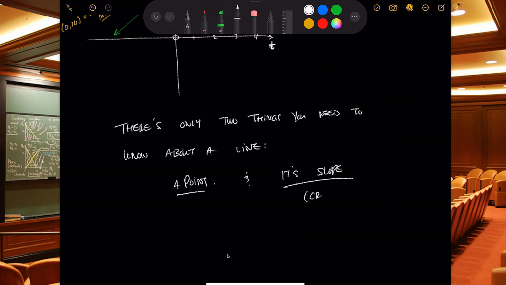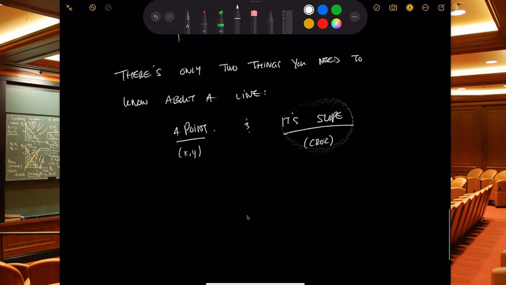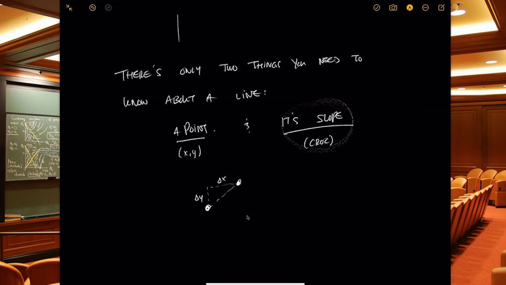Remember, that's the constant rate of change. And this is any point x, y. It could be the vertical intercept, or it could be any other point, because as long as you have the slope, you can take a point and then use the slope delta y over delta x to get your next one, whether it be positive or negative slope. All right, because here's some x, y, here's some x plus the change in x, y plus the change in y.